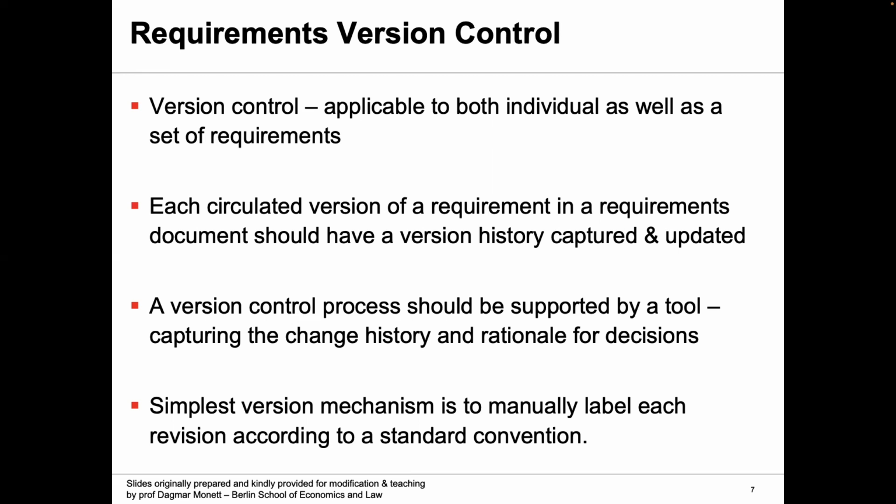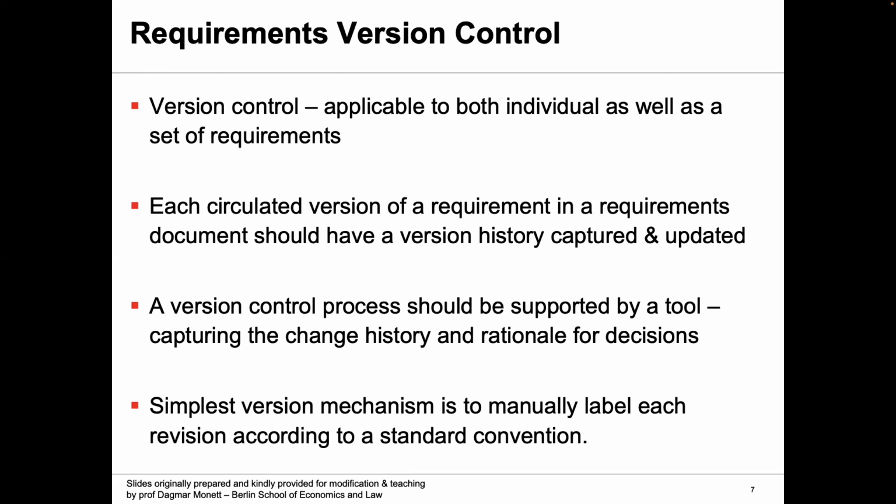And I think it's really valuable for all your team members to know what was the original version of the requirement, and then how and when were the changes made, so that if anyone wants to have a look at the earlier version, that's available to them.